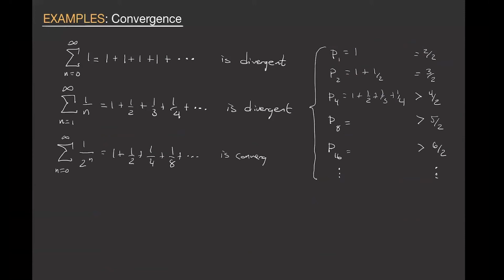This is convergent. And it converges, let me say it like this, it converges to 2. And you can essentially show that if you pick an epsilon to be any small value, then you can go far enough out with your terms such that the difference between that partial sum and the value 2 is smaller than epsilon.